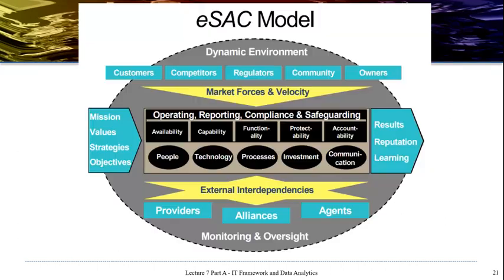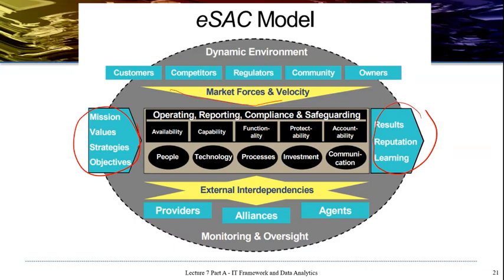So this is the framework. In the dynamic environment, you have customers, competitors, regulators, community, and owners. On one side you have your mission, values, strategies and objectives. On the other side you have to bring results, reputation, and learning, and you have to keep them. So there are market forces and velocity.